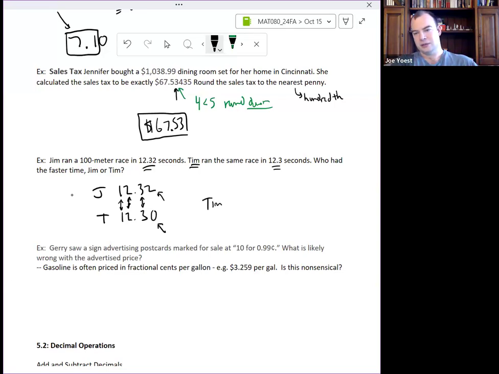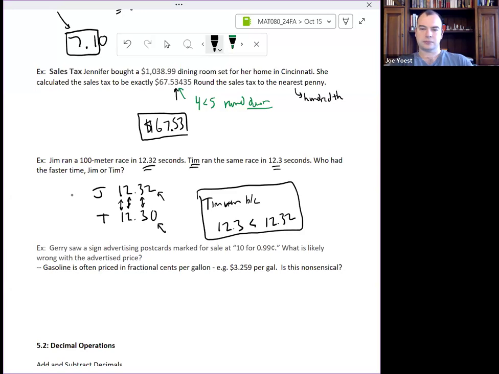So Tim won, because 12.3 is less than 12.32. Tim ran the race 2 hundredths of a second faster than Jim did.